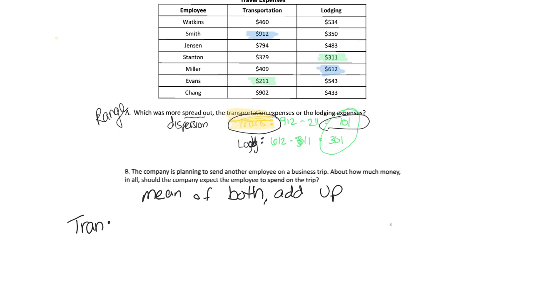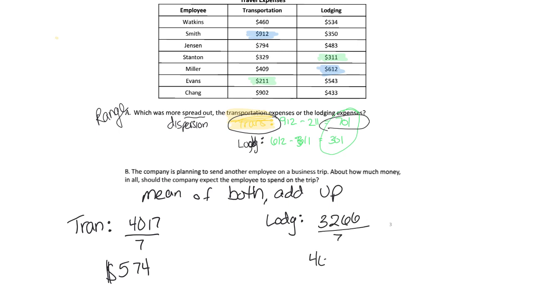So transportation, when you add them all up, it should be that number divided by 7. So when you're rounding, they spent on average $574 on transportation. For lodging, when you add them all up, you get $3,266 divided by 7.